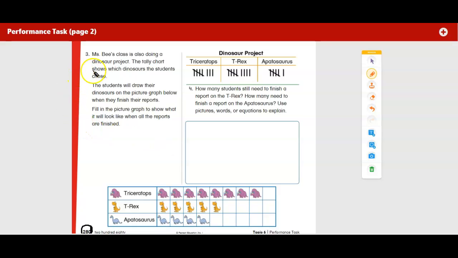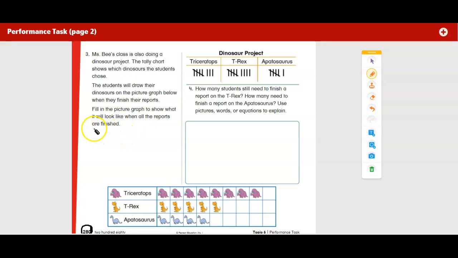To complete number 3, you will have to look here at the tally chart and match the Triceratops here and find that word here. So the Triceratops are the purple dinosaurs. Count how many tally marks there are and make sure that the picture graph matches that same amount.